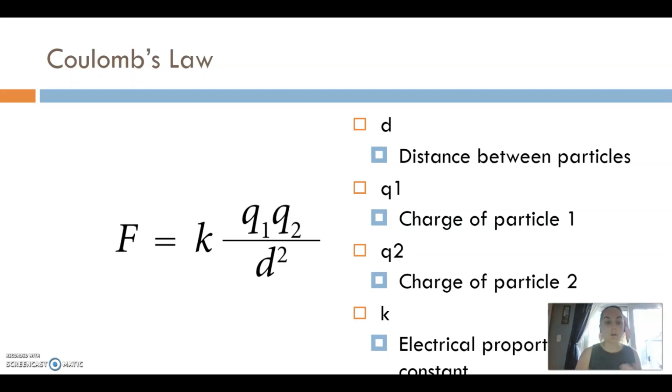So we can look at the force between two positives, two negatives, or a positive and a negative. d is the distance between those particles. And now we have a new constant. This constant is called k, and it's the electrical proportionality constant. It's the constant that binds together your charges and your distance so that we can get this force of electrostatics, or this electrical force.